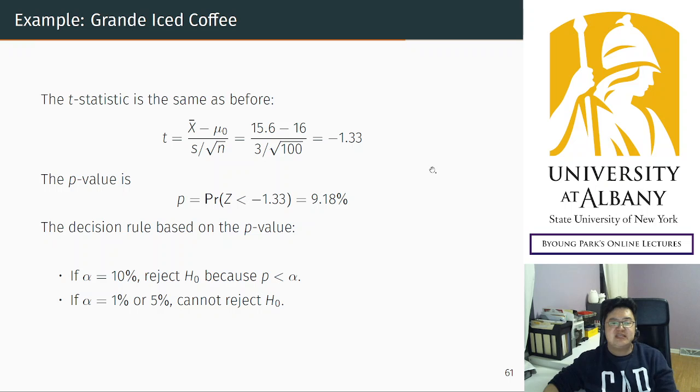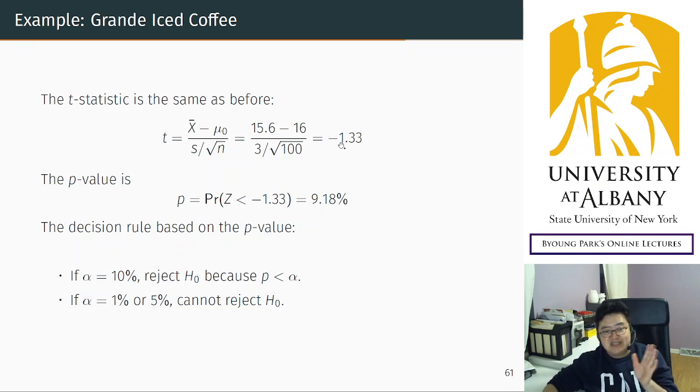So first, the T-statistic, no difference. Our observation is 0.4 ounce lower than what it has to be. So minus 0.4 is now standardized by the standard error. Then it will be minus 1.33, which is the T-statistic, right?